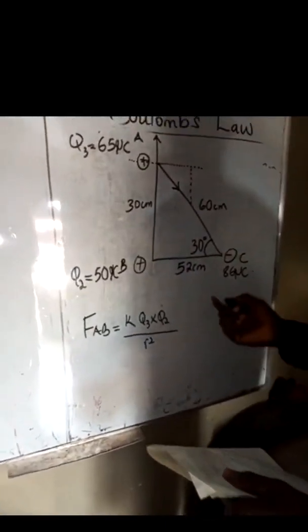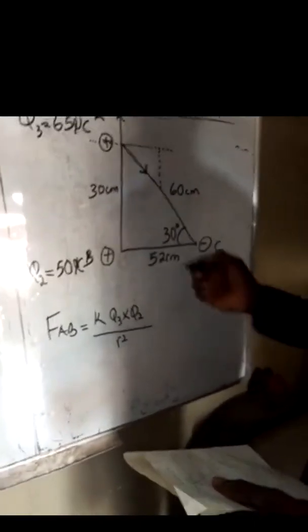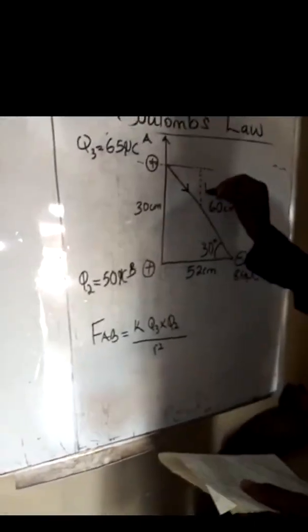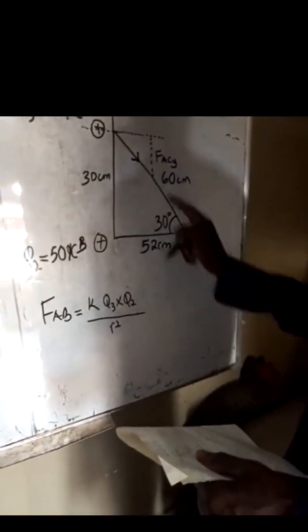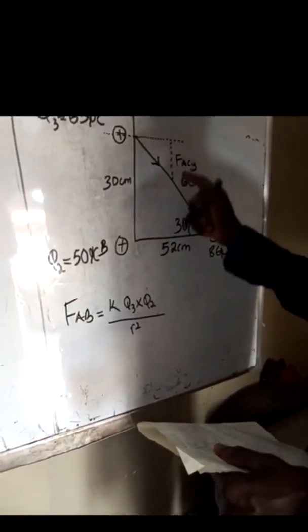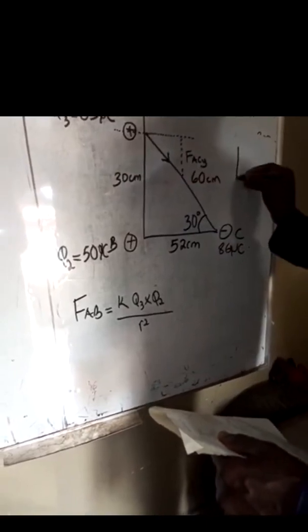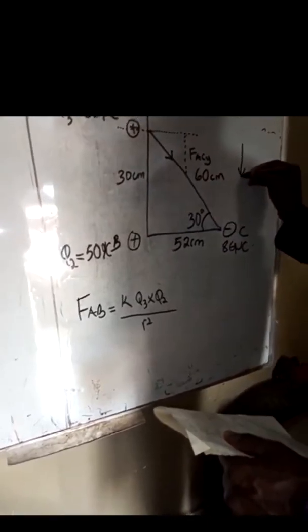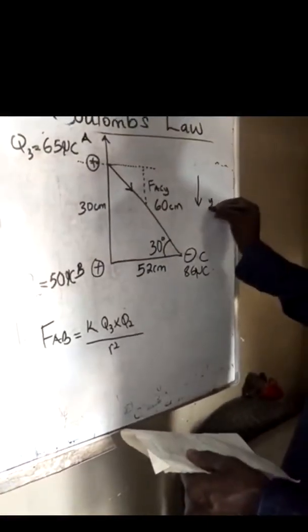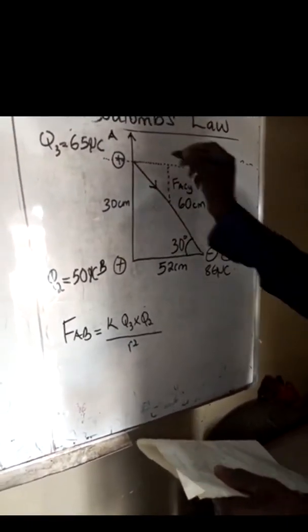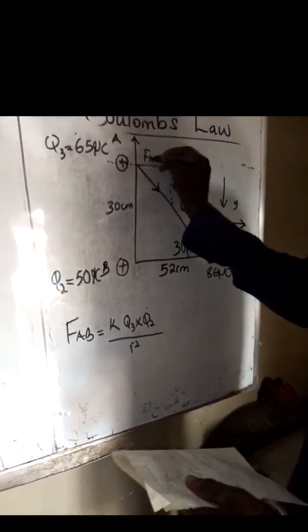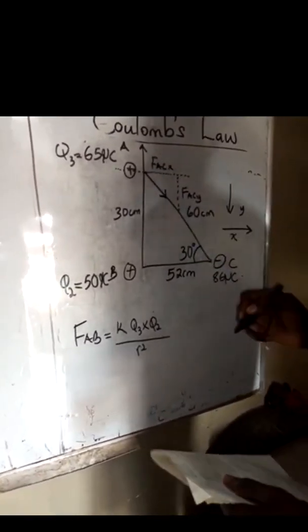So now what you are going to do is, here we have FAY because this is the direction of Y. Vertical movement is Y. Horizontal movement is X. Don't forget. So that is FAX.